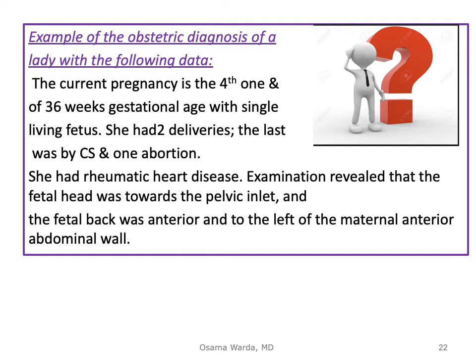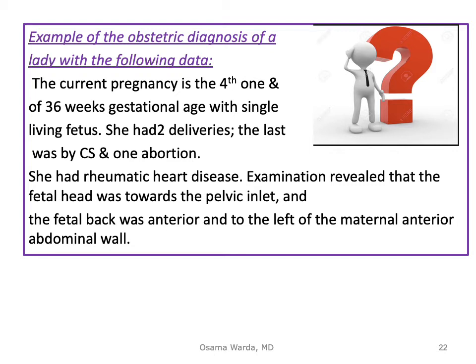The duration of pregnancy is 36 weeks. She is pregnant with a single living fetus. She had two previous deliveries, only two, and one abortion. The first delivery was by vaginal route, and the second delivery was by cesarean section. She had rheumatic heart disease.